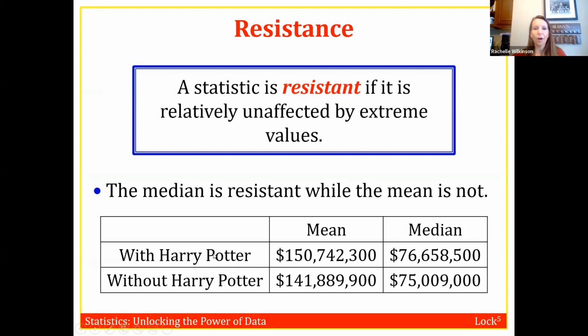So with Harry Potter, we can kind of see how much effect it's having. With Harry Potter, the mean was 150. And without Harry Potter, the mean was 141. So you can see it changed quite a bit. And the median with Harry Potter was 76, and without Harry Potter, it was 75. So Harry Potter had less of an effect on the median, and it had a pretty big effect on the mean.